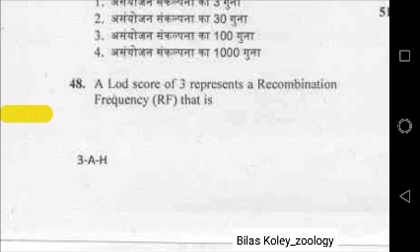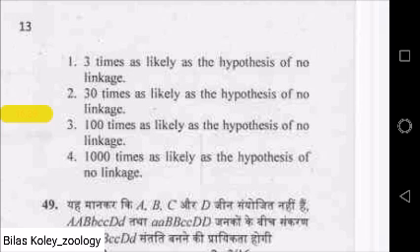Now we will discuss question number 48. A LOD score of 3 represents a recombination frequency, that is RF, that is, and the options are 3 times as likely as the hypothesis of no linkage, 30 times as likely as the hypothesis of no linkage, 100 times as likely as the hypothesis of no linkage, 1000 times as likely as the hypothesis of no linkage.